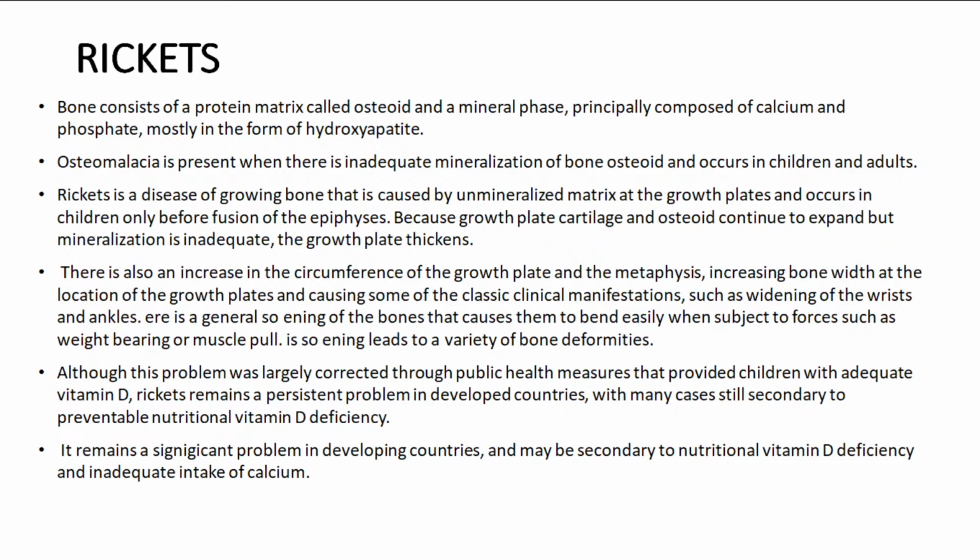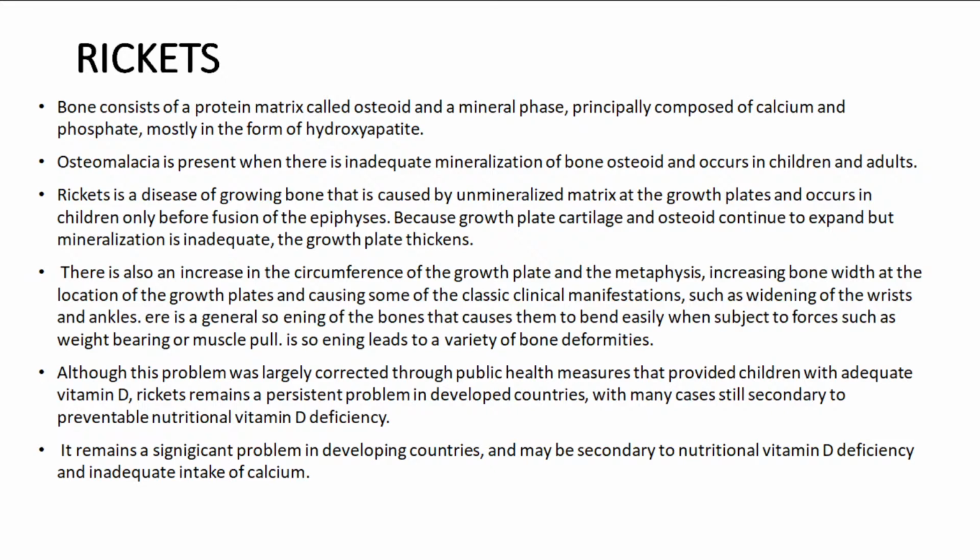Okay, rickets. Bone consists of a protein matrix called osteoid and a mineral phase, principally composed of calcium and phosphate, mostly in the form of hydroxyapatite. Osteomalacia is present when there is inadequate mineralization of bone osteoid and occurs in children and adults. But rickets is a disease of growing bone that is caused by unmineralized matrix at the growth plates and occurs in children only, before fusion of epiphyses.